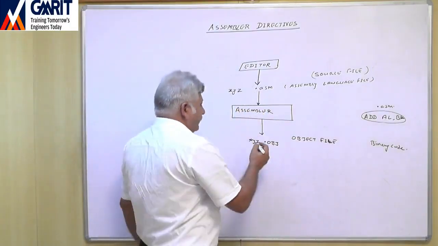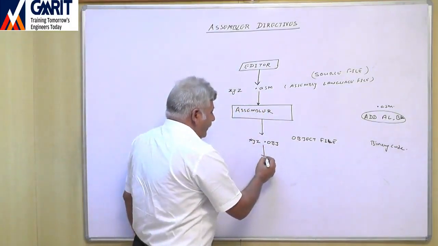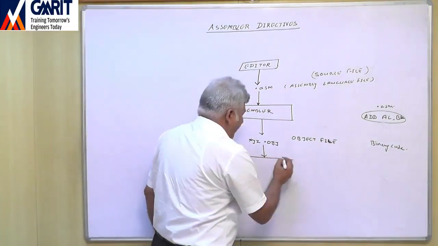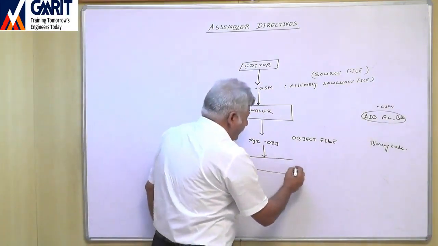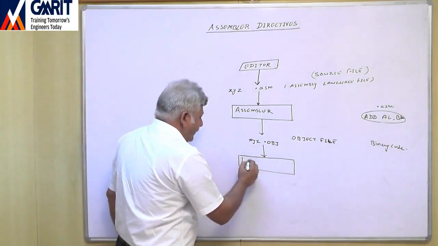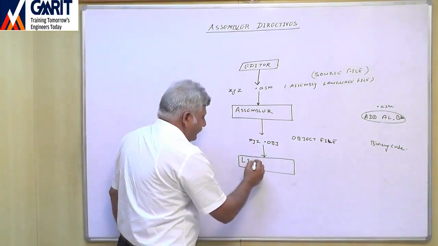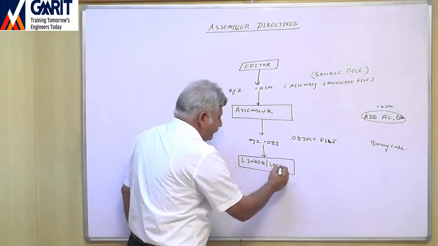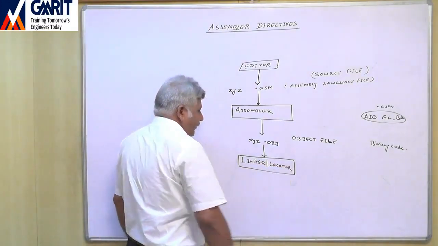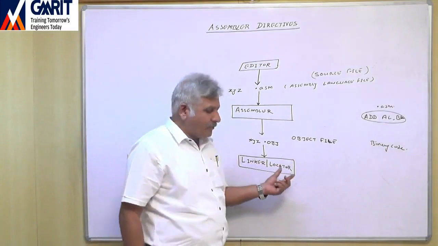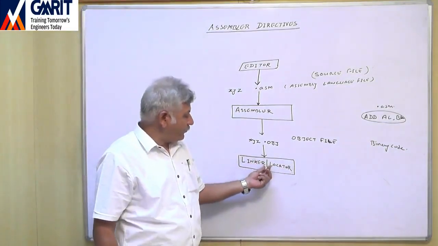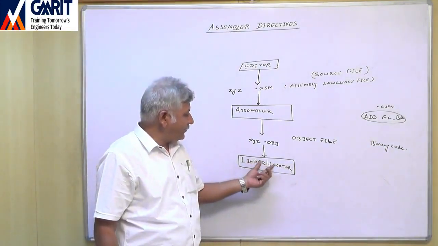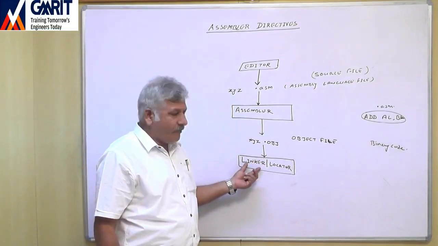So now this object file is to be passed through another program that is called the linker/locator. Basically there are two programs, one is the linker, one is the locator. What will a linker do?